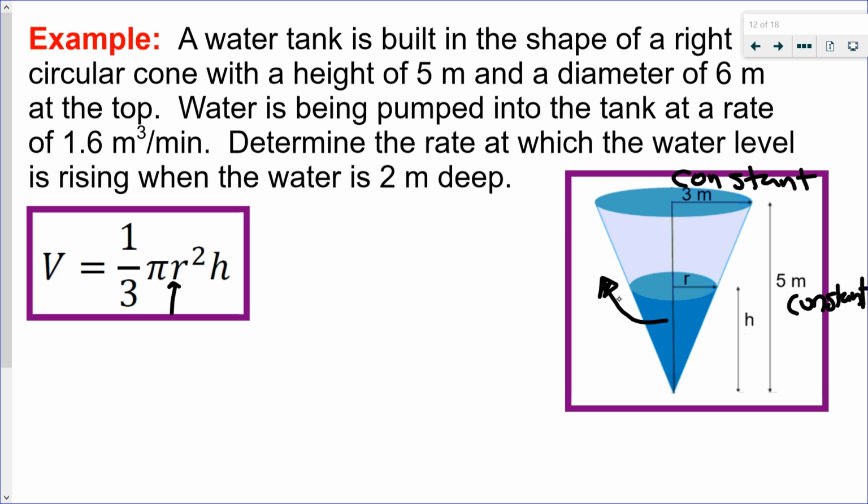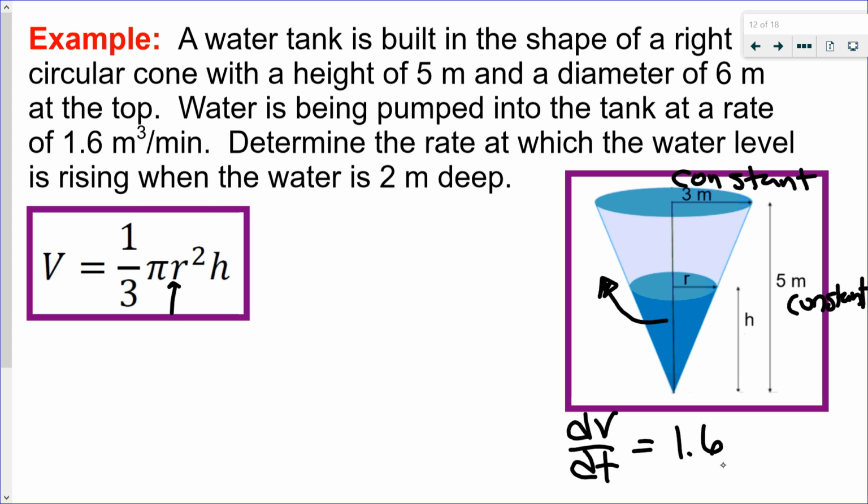Okay, so let's identify again what we have. So reading this again, the physical structure, we're not doing anything with that, that's not changing, but water is being pumped into the tank at a specific rate. So that's my volume. So I know that the rate of change of volume with respect to time is 1.6.